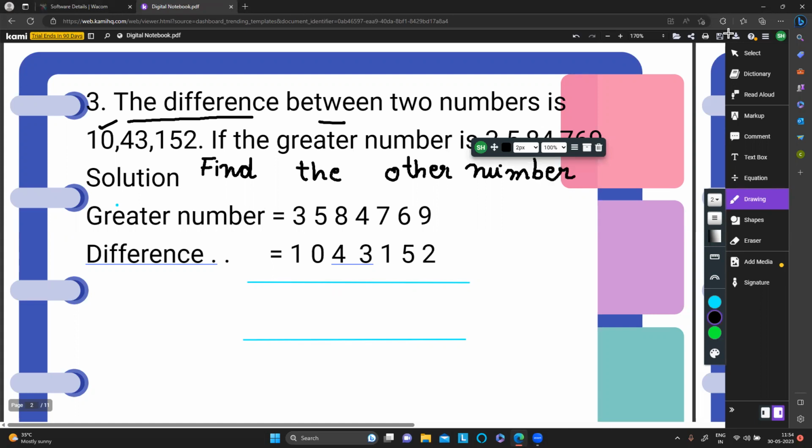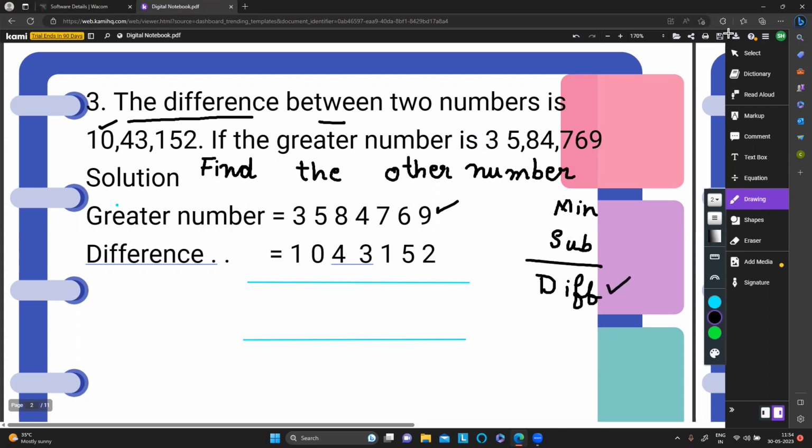Now, because a greater number is always the minuend, you should always have it in the top. Okay. See, we are always having minuend in the top and subtrahend in the bottom as of now. Then the answer will be the difference.